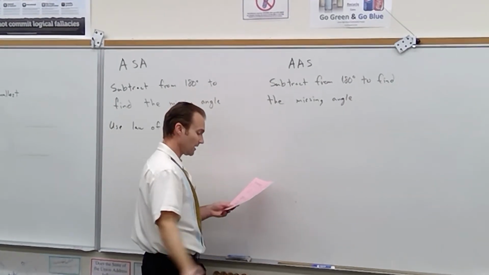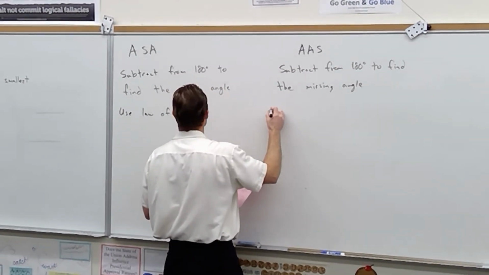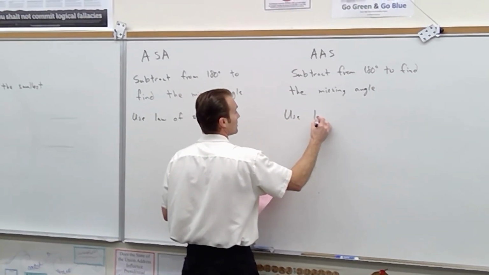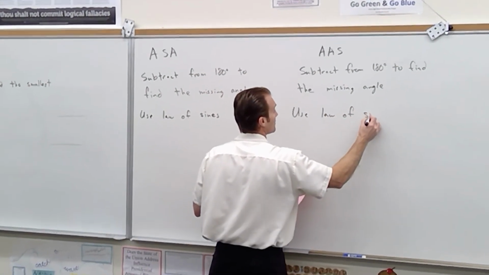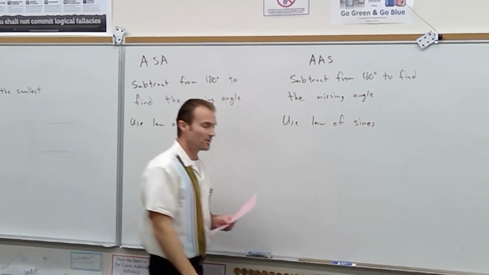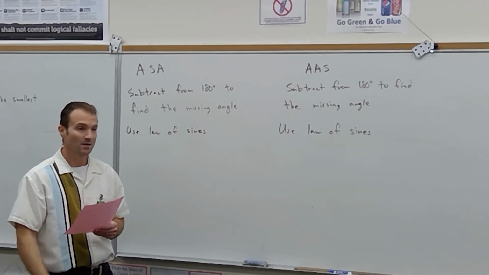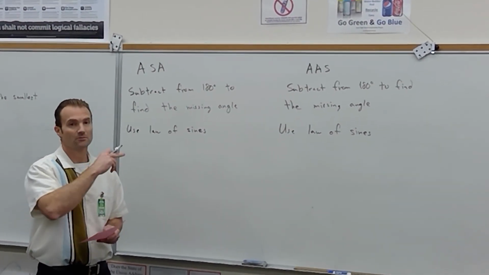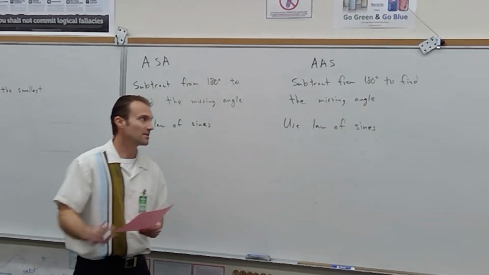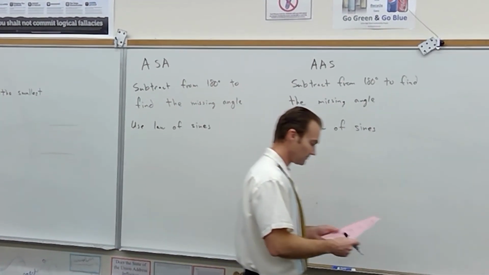And then again, law of sines. Notice, by the way, I'm never saying Pythagorean theorem. There's always students that say, oh, we use Pythagorean theorem. No, you're not, because these are not right triangles. Remember that. You must have a right triangle to use Pythagorean theorem.